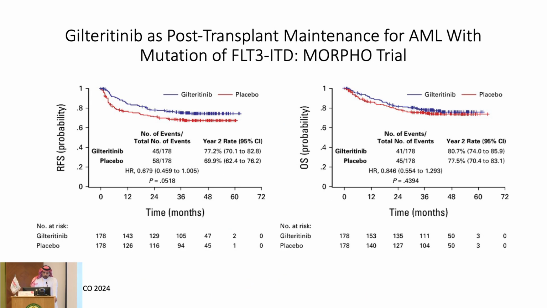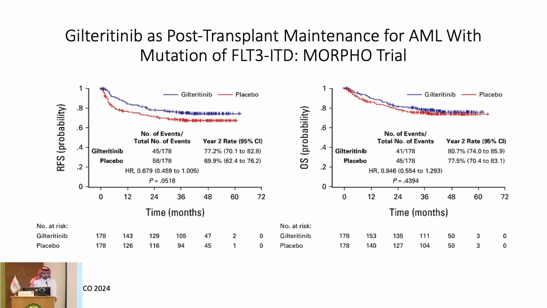And more recently, the MORPHO trial reported the use of gilteritinib in the post-transplant setting as maintenance for FLT3 positive AML, including ITD patients only. In this study, they randomized around 178 patients in each arm between gilteritinib and placebo.